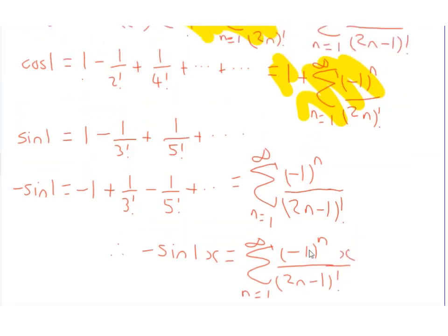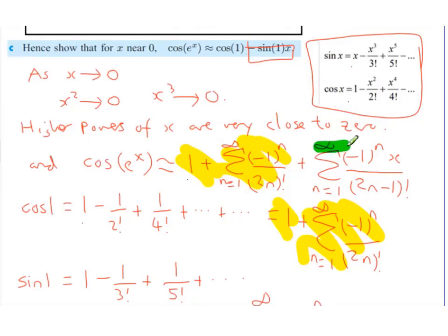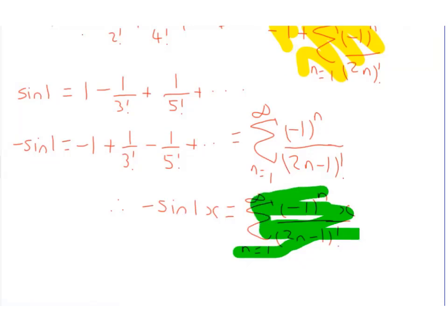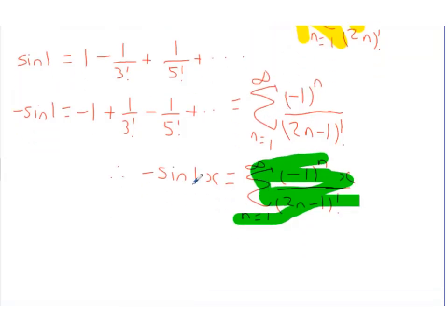So if we put that together, this here is supposed to be exactly equivalent to our minus sine 1x. So that's the sum from n equals 1 to infinity of minus 1 to the n x over 2n minus 1 factorial.